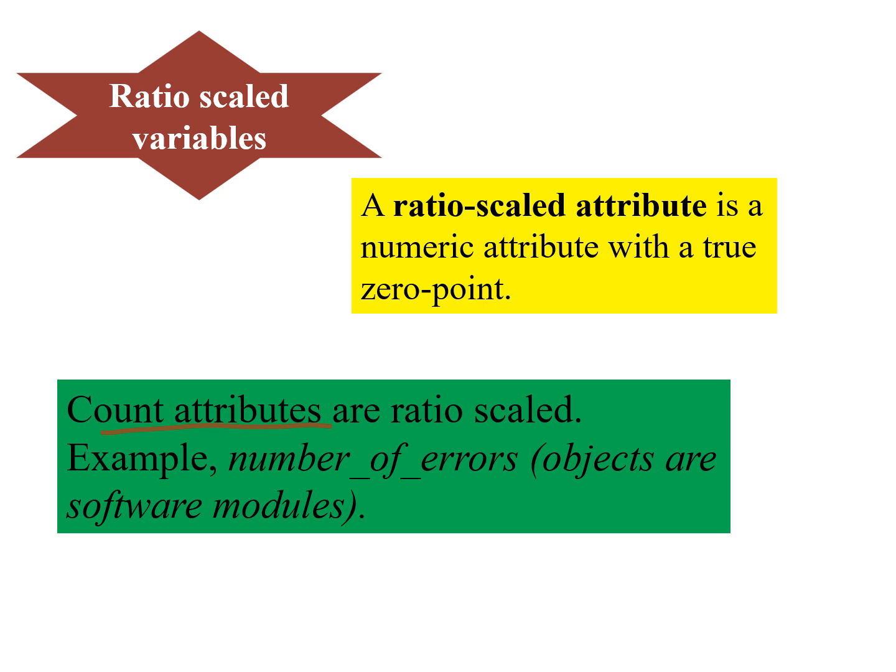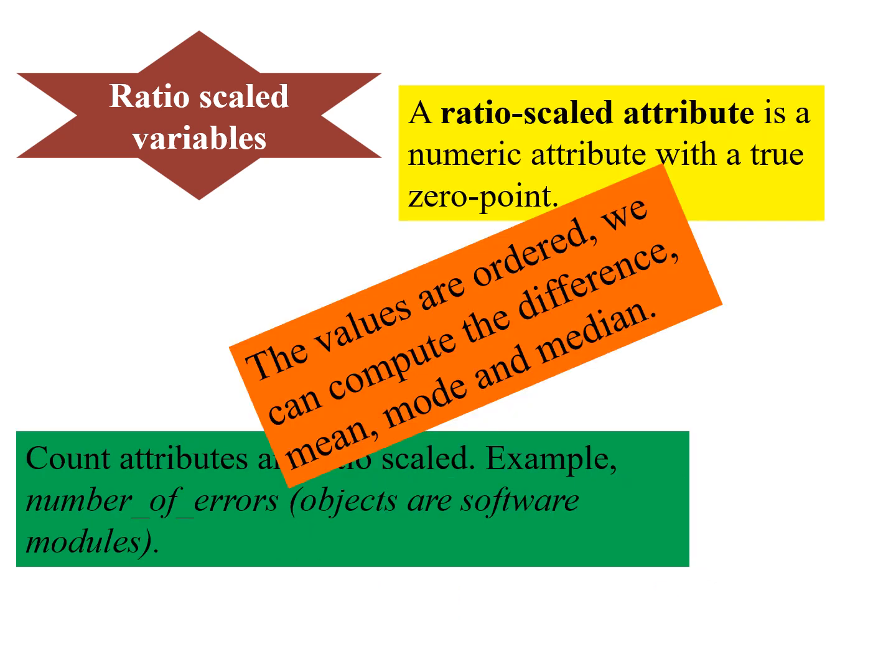If you are studying software modules and you have number of errors as an attribute or a variable, then 0 would mean there are no errors, and 1, 2, or 3 would mean that many errors. So these are ratio scaled. It is a numeric attribute with a true 0 point. The values are ordered and we can compute the difference, the mean, mode, median. Again, we are talking about numeric attributes.